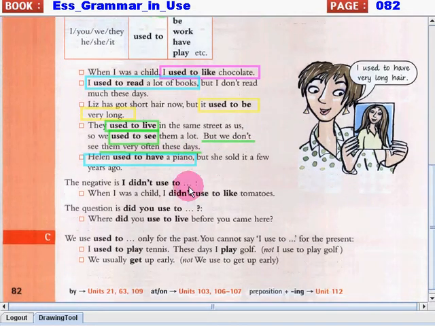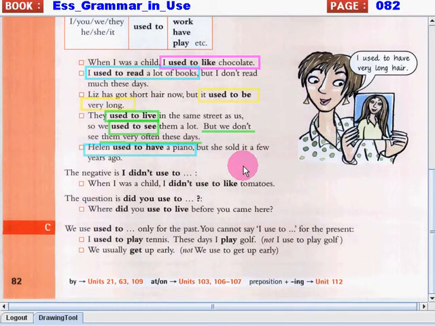Now let's talk about the negative form of this phrase. Of course, the negative is different: "I didn't used to."